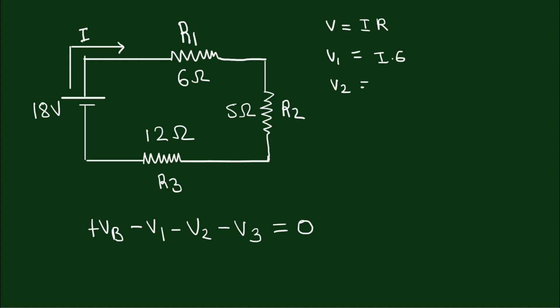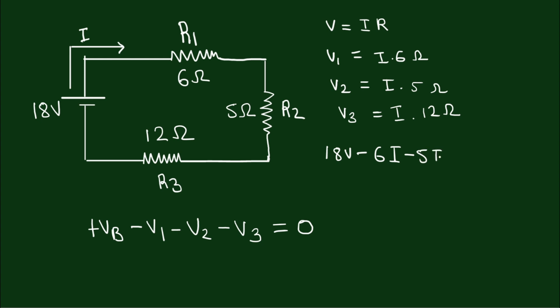V2 will be I times 5 ohms, and V3 will be I times 12 ohms. Now this equation takes the form 18V minus 6I minus 5I minus 12I is equal to 0.